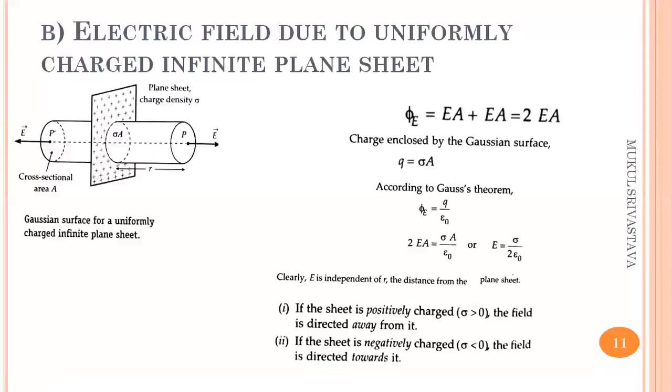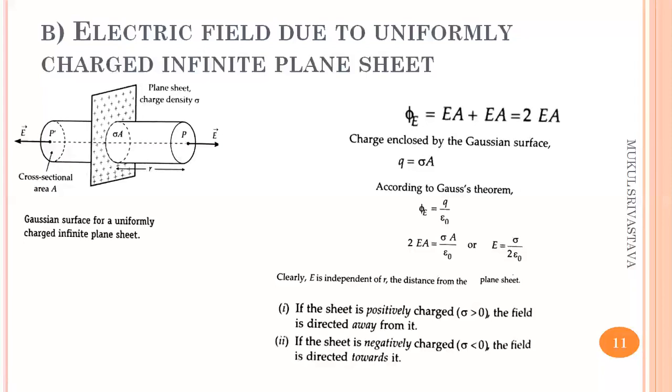We choose a cylindrical Gaussian surface of cross-sectional area A and length 2r. Suppose the distance is r on both sides, so the length of the cylinder becomes 2r.